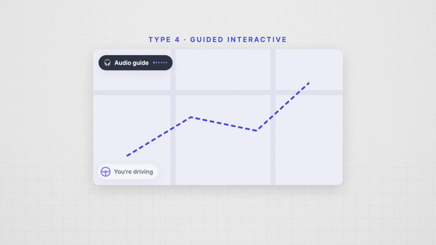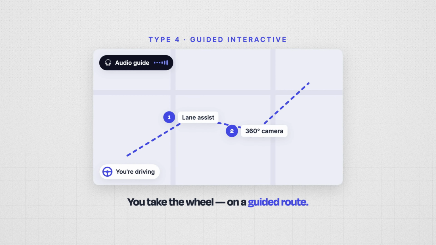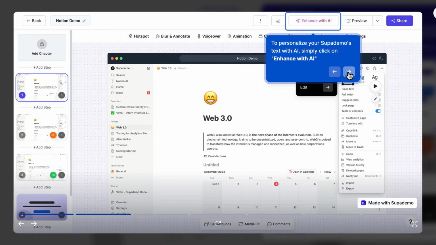All right, now type 4, the guided interactive demo. Now, with the car analogy, this is where they let you take the wheel, but they load you up with a guided route. And instead of figuring out all the bells and whistles yourself, the sales rep gives you an audio track to play while you drive that explains things about the car. Now, with software, these guided interactive demos are clickable, self-paced product demos that are captured from the real code of your product.